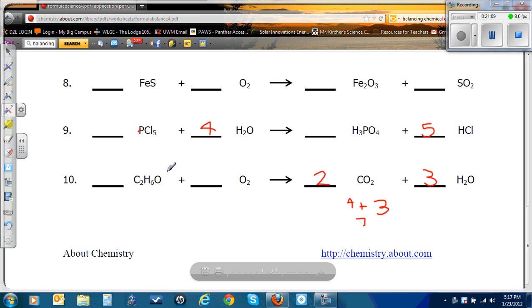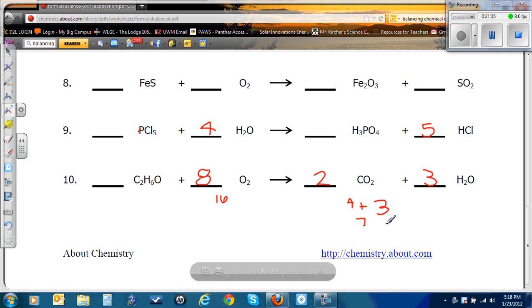This one's going to be a little bit more difficult. So 7 and 3, I'm thinking in terms of 21. How do we get to 21? Well, we can say, let's multiply this by maybe 8. And again, a lot of balancing is trial and error. So we have 16.